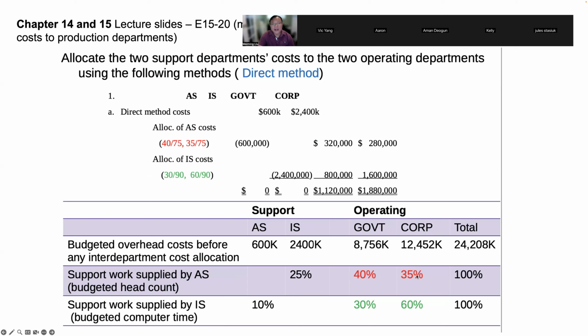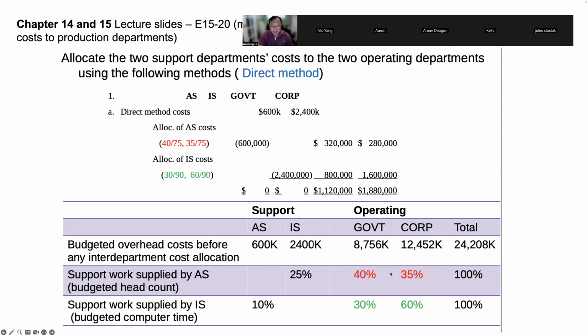Okay, so the relative portion is 40 over 75 for government and 35 over 75 for corporate, right? So I'm going to rely on this relative proportion and multiply it by $600,000 total cost. So I get basically 320,000 for government, 280,000 for corporate.